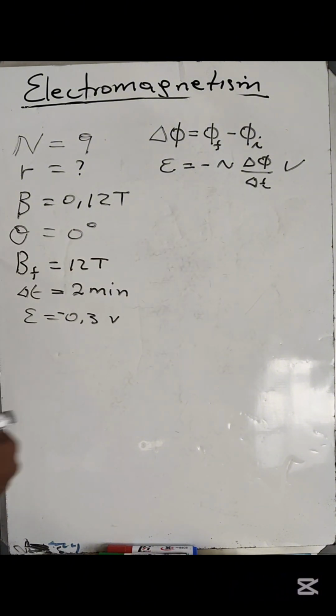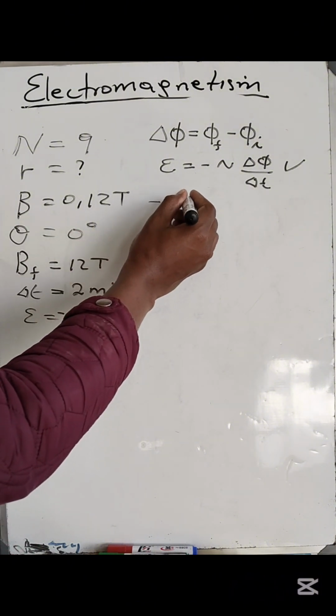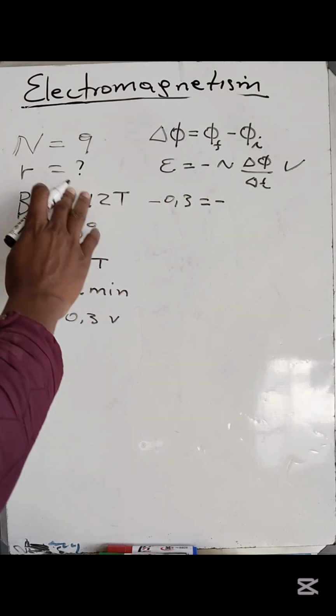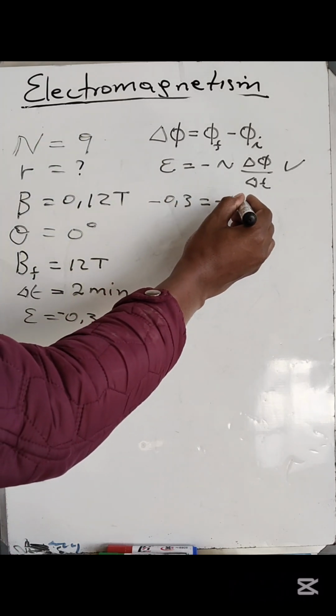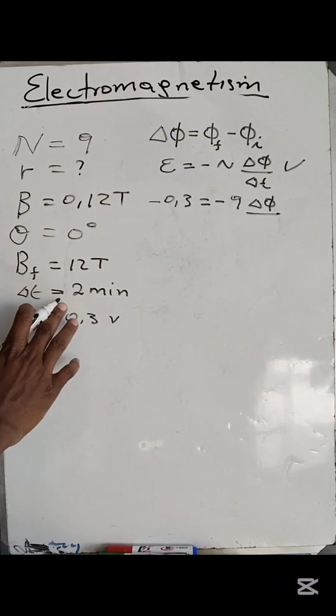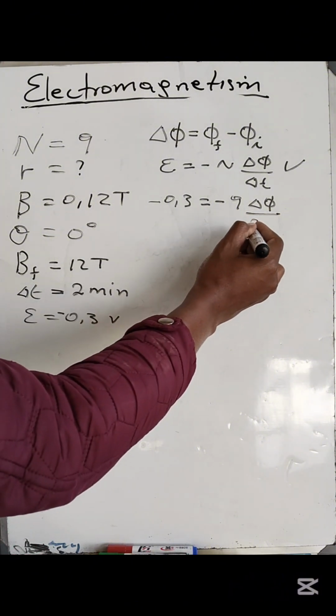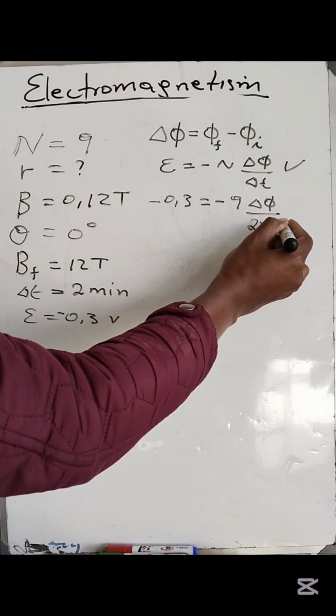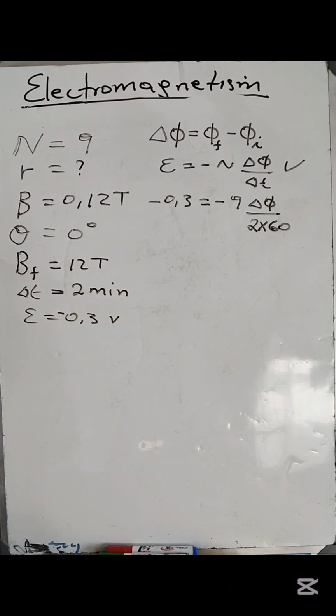So the EMF is minus 0.3. The number of turns is 9. We are looking for the change in magnetic flux divided by the time, which is 2 minutes. To change 2 minutes to seconds, we multiply by 60. Then we press the calculator.